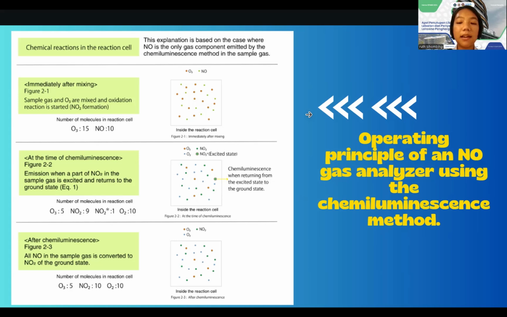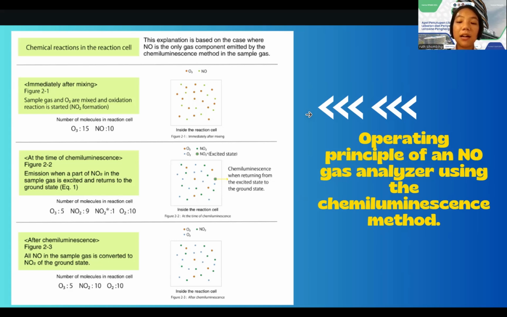We can see in figure 2.1 is the example of gas and ozone flowing into the reaction cell and being mixed. In figure 2.2, a part of the gas component in the oxidized sample gas emits light of a specific wavelength for its gas component corresponding to the gas concentration by the chemical reaction shown in equation 1.